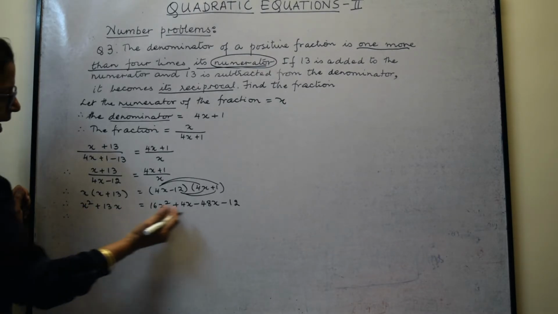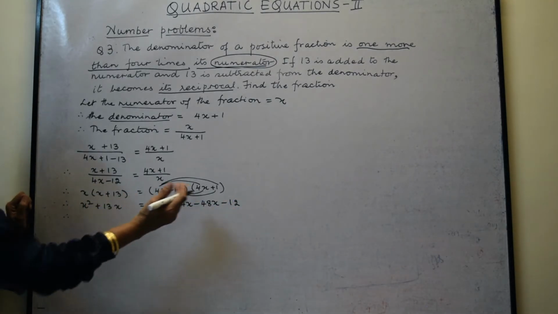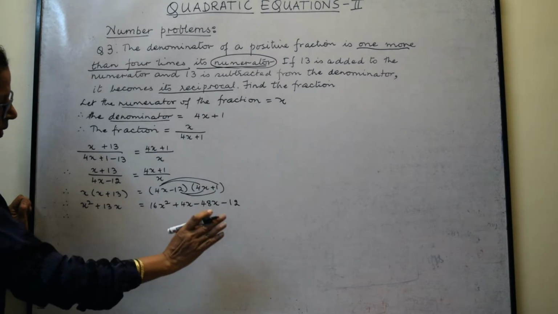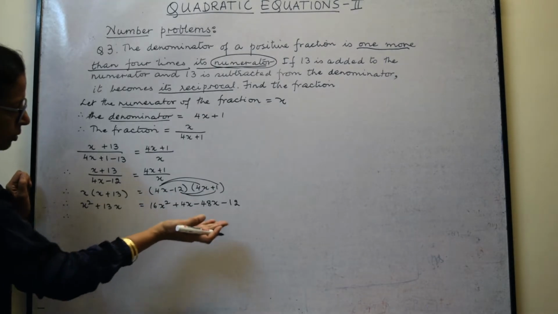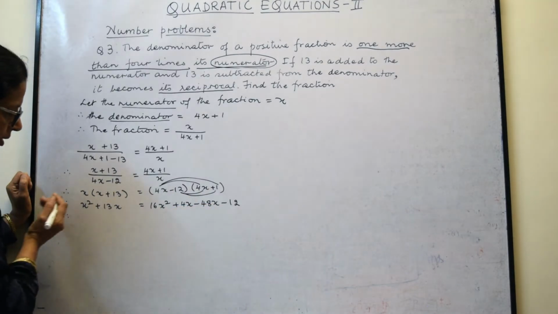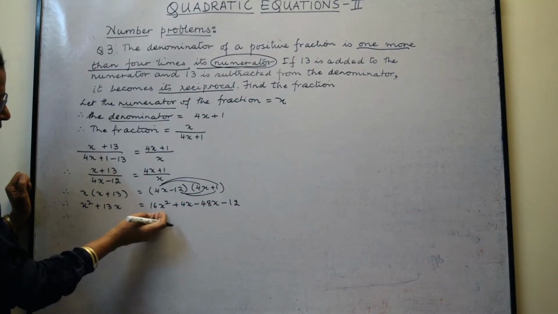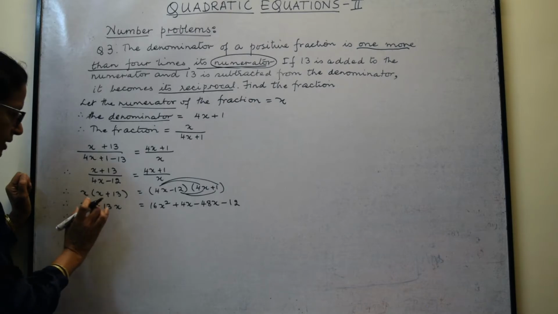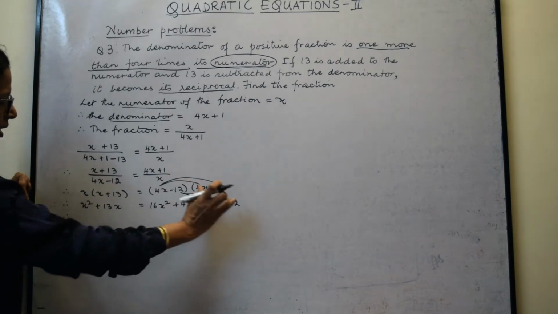Now that we have cross multiplied, we should take all the terms to one side. I'm not going to take the right hand side, because then x squared would become negative. So I'm transferring all the terms from the left hand side to the right.